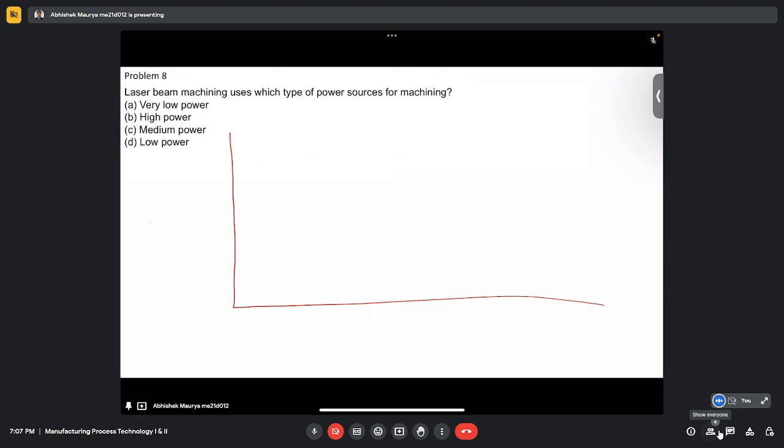Here we have power density, and here we have spot diameter. These are in micrometers: 10 to the power 1, 10 to the power 2, 10 to the power 3, or 1 mm, 10 to the power 4, 10 to the power 5, like that.